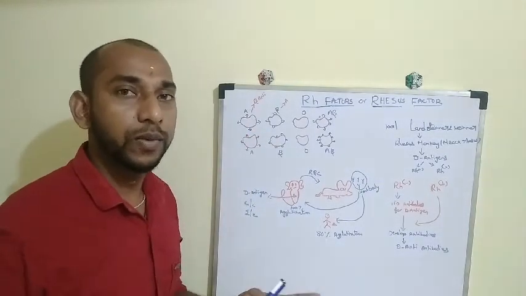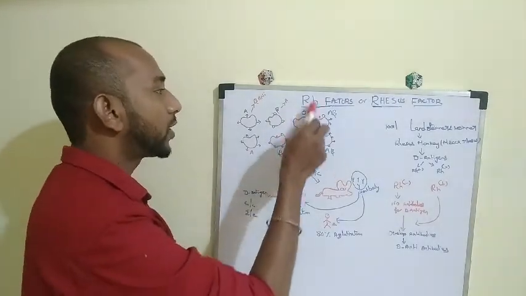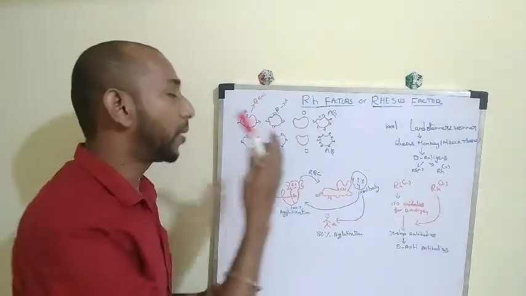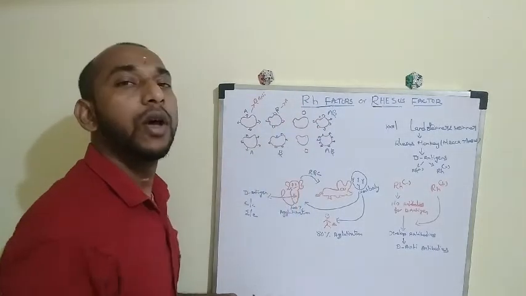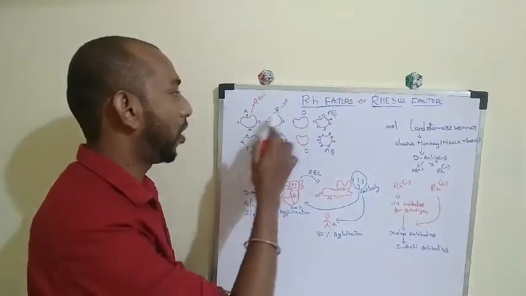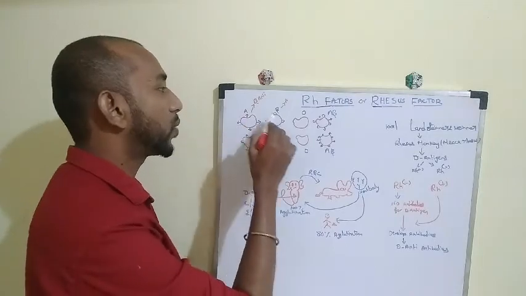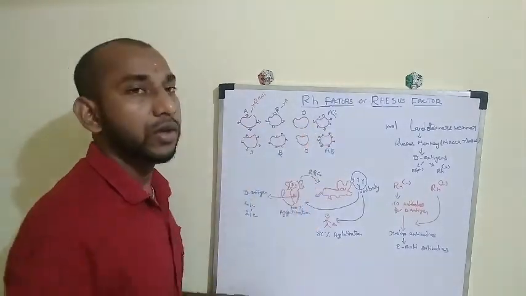If you still didn't watch the video, please go and watch the video and come back. Now, on the surface of the red blood cells of O blood group, we don't have any antigens, which means no A or B. When you take AB, they will have both A as well as B antigens on their surface.